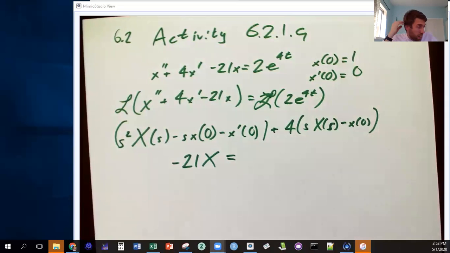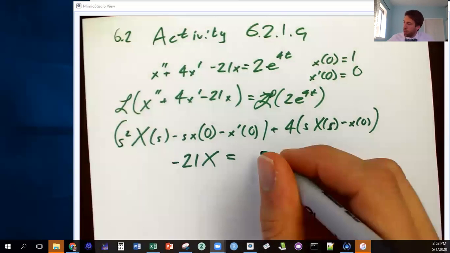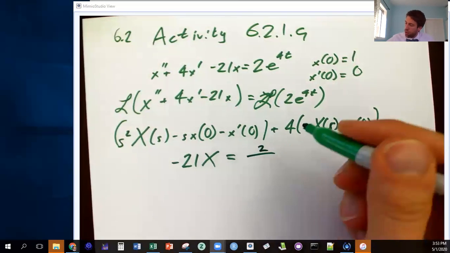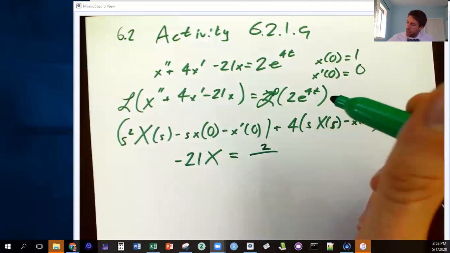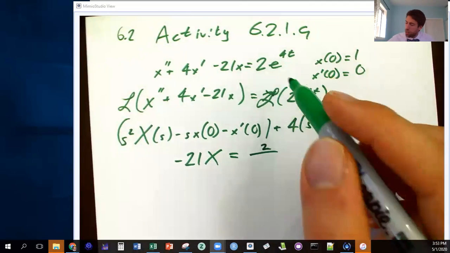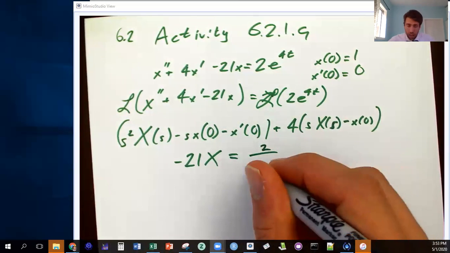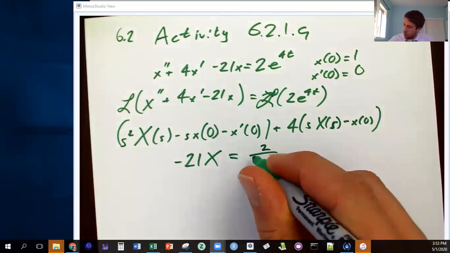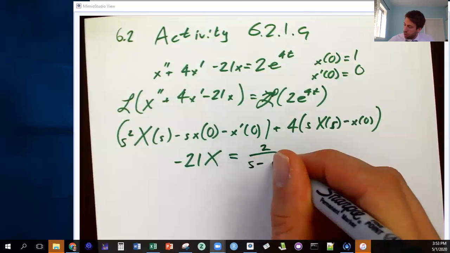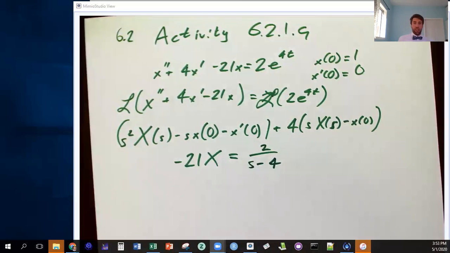So e to the 4t, that's 1 over s minus 4, and because there's a 2 there, it's 2 over s minus 4. Looking up the table, e to the at is 1 over s minus a. Here, my a is 4. All right.